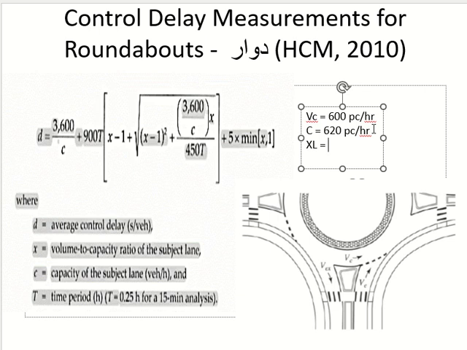Capacity is the same, but the volume is different. So that means X will be different. Okay, so for the left hand side lane, the volume is 600. This value is given, and you calculate the capacity 620. So X is how much?